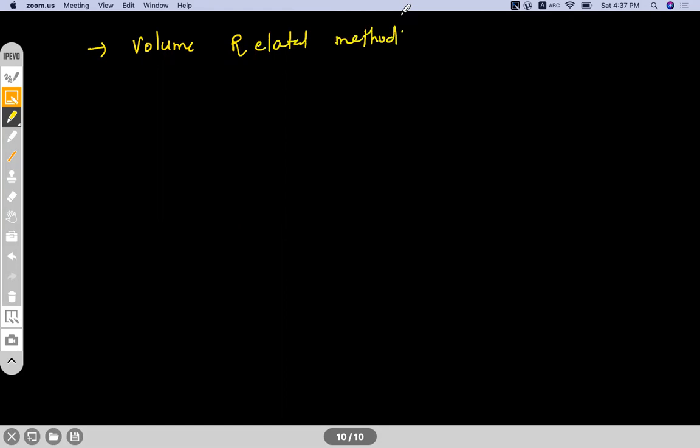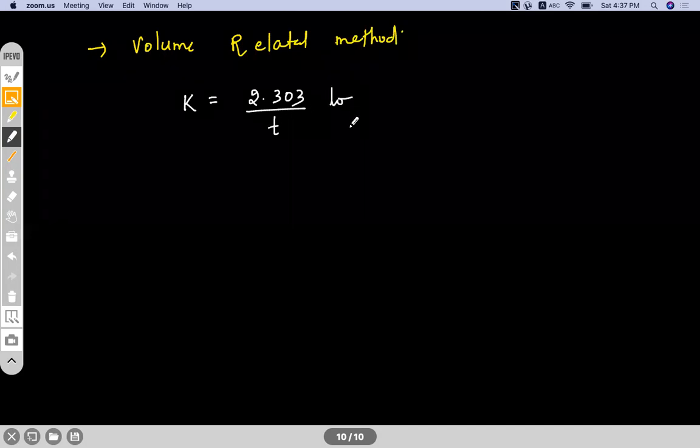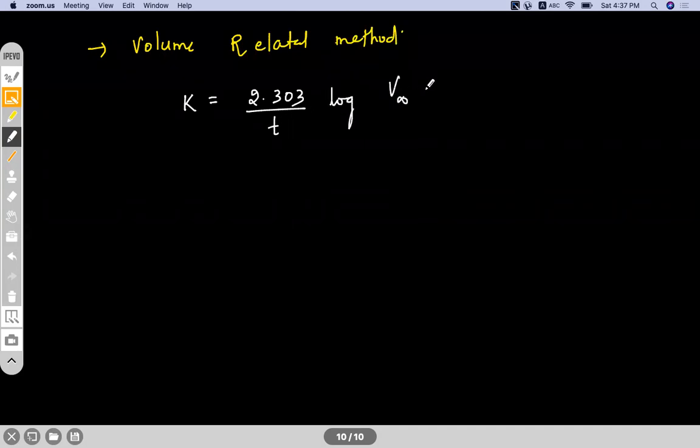In this, you can do it in two different ways. One is you can directly memorize one formula that I'm giving you. The expression of K here is 2.303 by t log of (V infinity minus V naught) divided by (V infinity minus Vt). All the sign and terms are taken care of here; there's no negative sign outside.